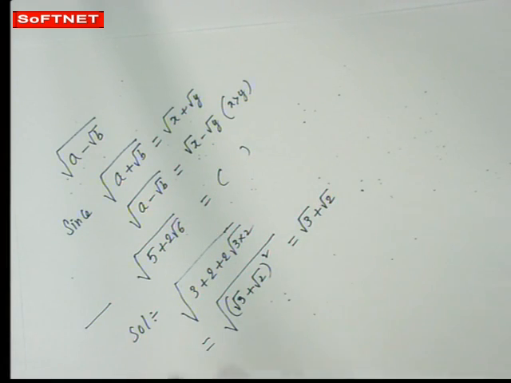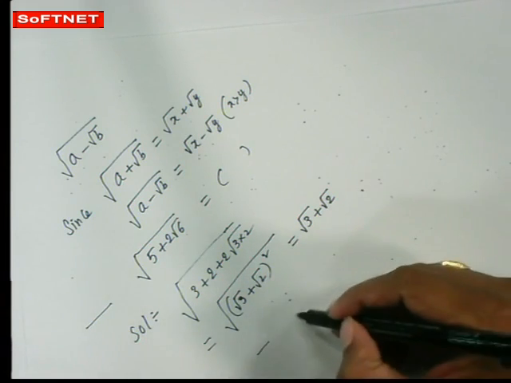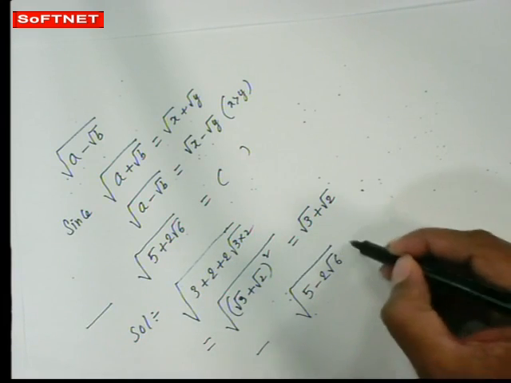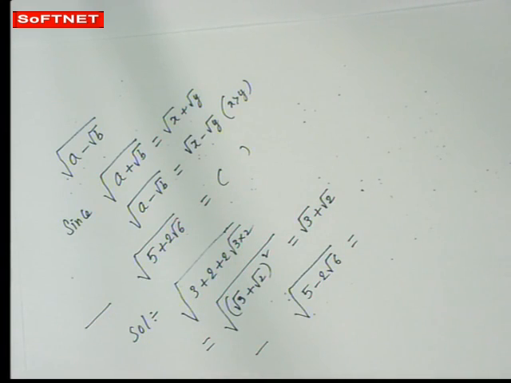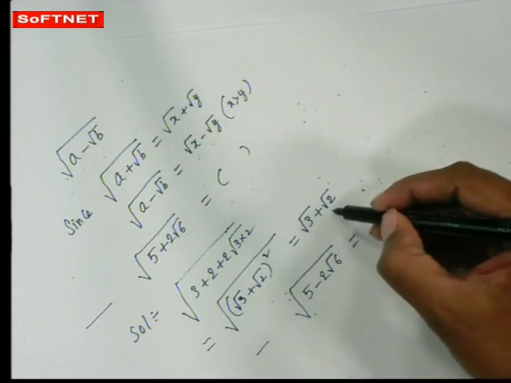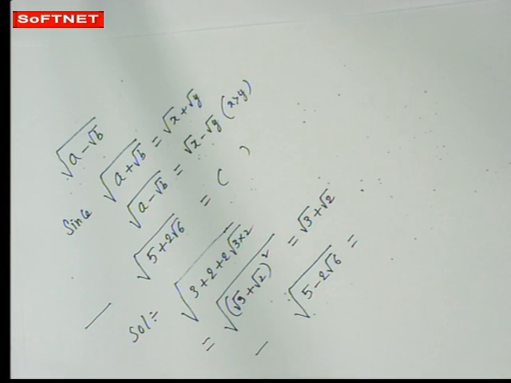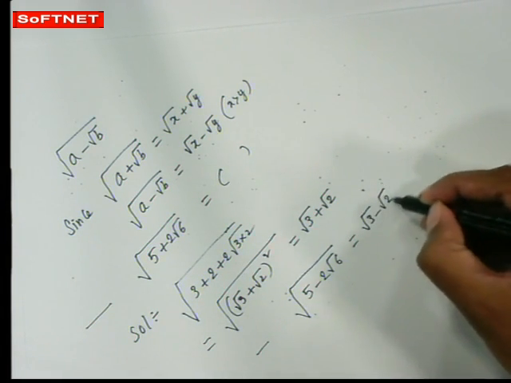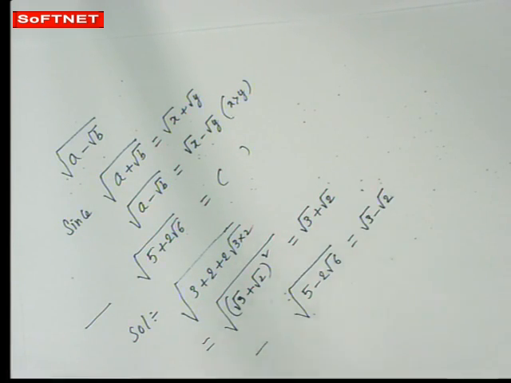Now, if you want to find the square root of 5 minus 2 root 6, what is the square root of 5 minus 2 root 6? The conjugate of root 3 plus root 2, that is root 3 minus root 2. So, based on this one actually, so many problems may be given in the examination.